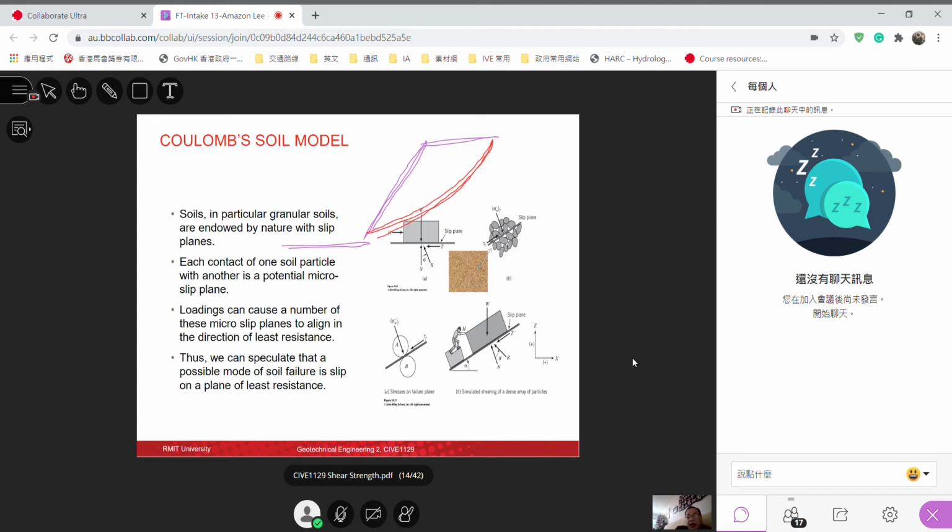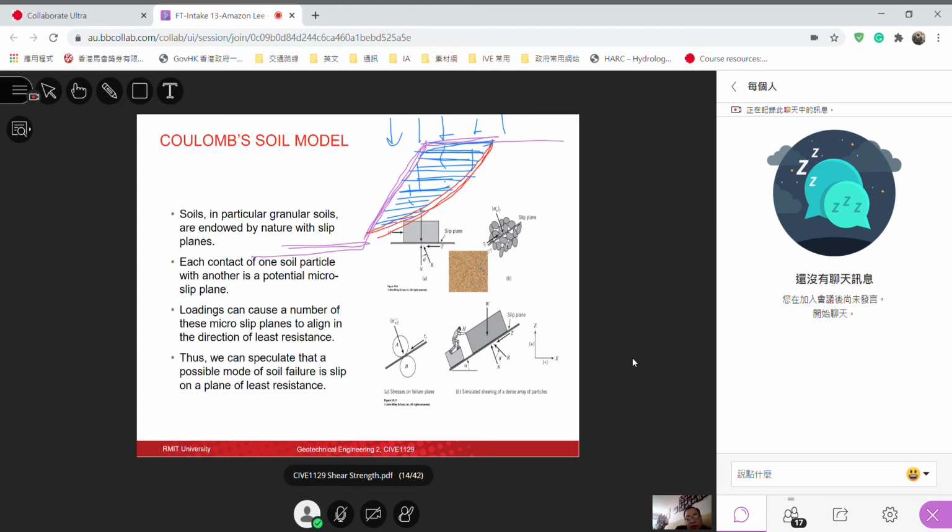If we didn't design our slope correctly, maybe after heavy rainfall, the rainwater goes inside, making this part of the soil mass fully saturated with rainwater, and it becomes very heavy.